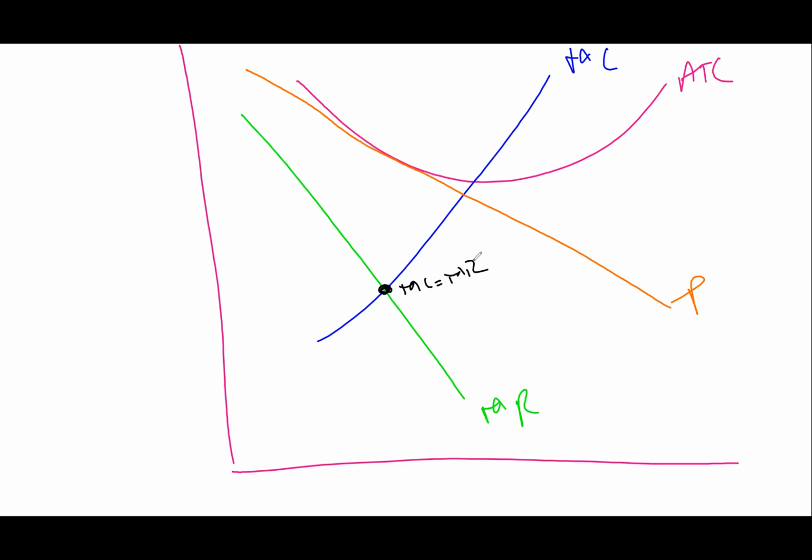Why do we find this condition? To find Q max. What is the price at this Q max? Market price is on the price line. And what is the cost? Cost is also here. Right? So in that case, there is no loss.